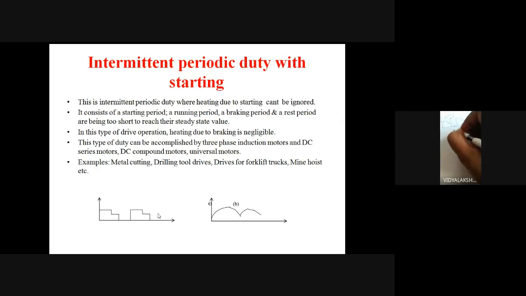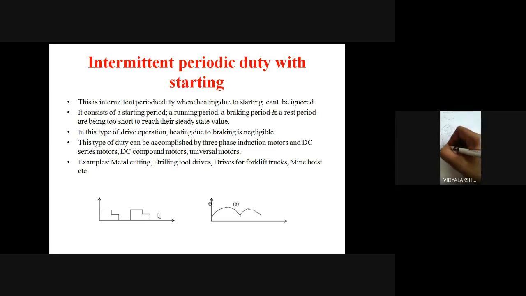This is my rest period. So I have to draw it with respect to time and TL. TL is nothing but the load torque. So I'm going to draw the graph with respect to T and theta. Depending upon the starting and running, I can draw my graph. So I have to draw here, here also, and then here also.